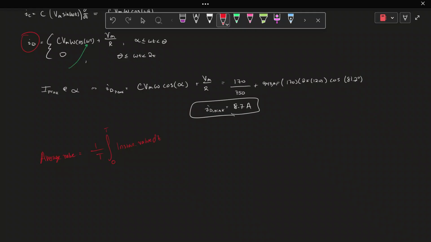What is the period over which ID can exist? Well, we do 1 over 2 pi, the integral over alpha and theta. Why alpha and theta? Well, that's going to be the same thing here. Theta and alpha, these are your bounds. 1 over 2 pi because we have a cosine, or a sinusoidal.